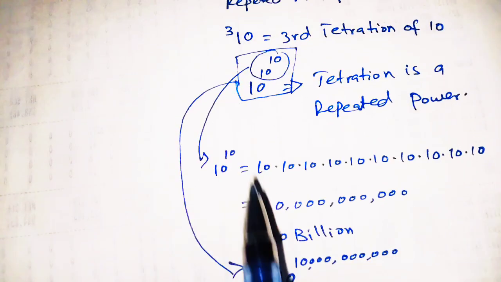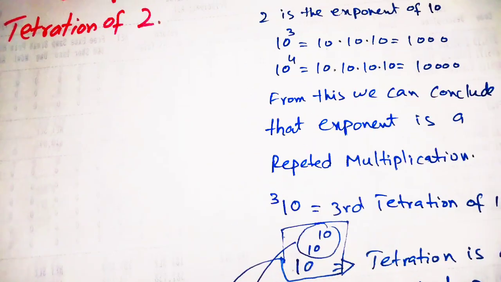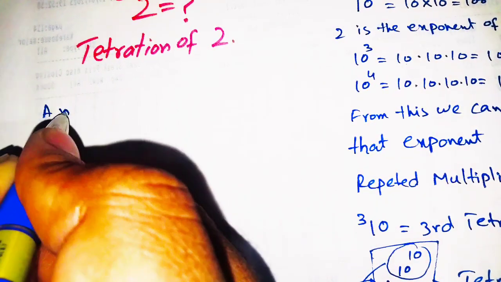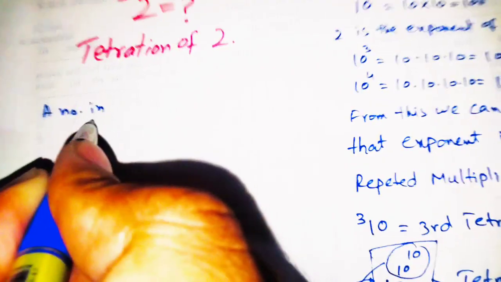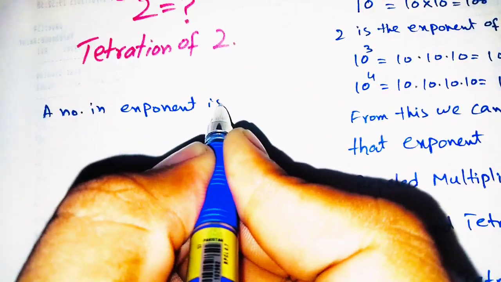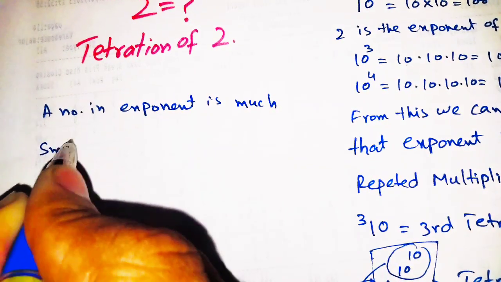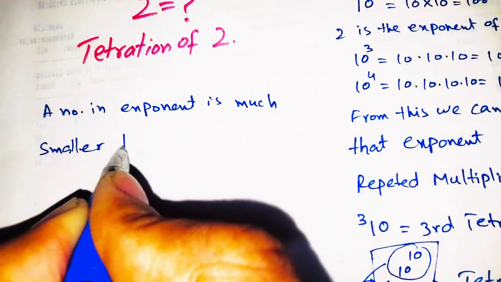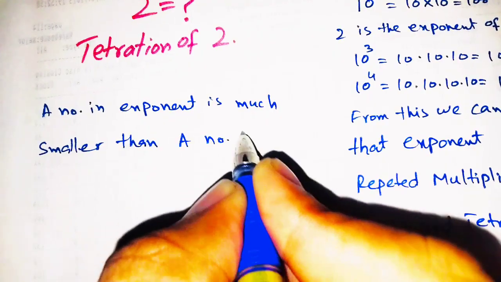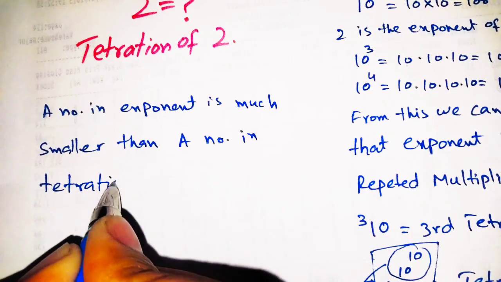So from these calculations and examples, we can conclude that a number in exponent is much smaller than a number in tetration.